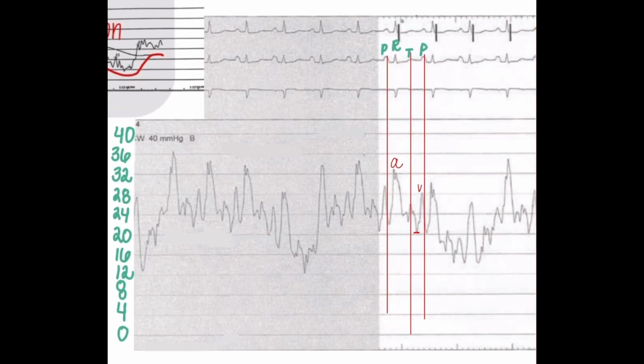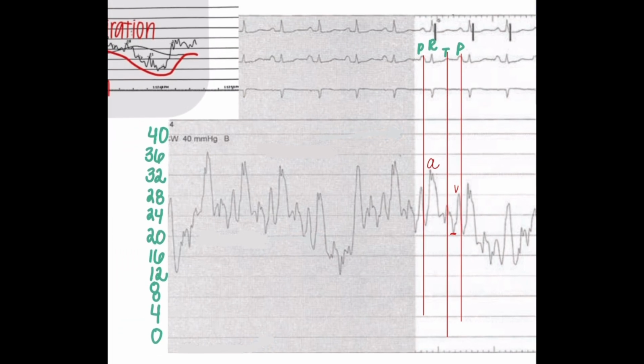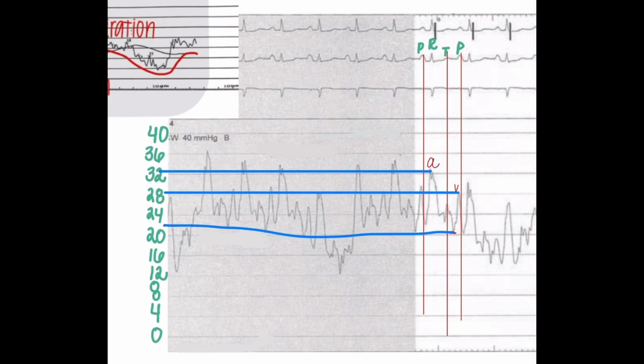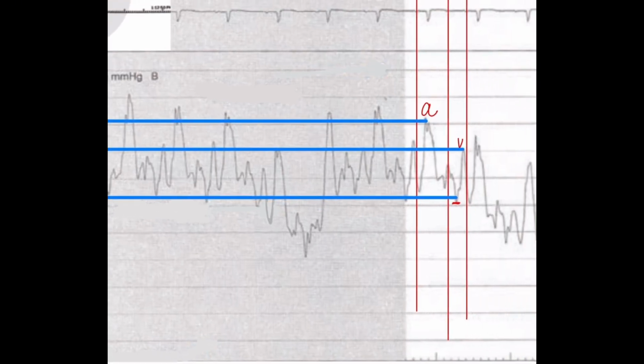So if I move this over, put this in a different color for you, let's do a blue. The A wave comes out at about 32. The V wave comes out about 28. And the bottom of the X descent, could move that down a little bit.